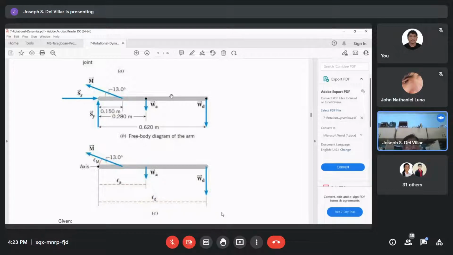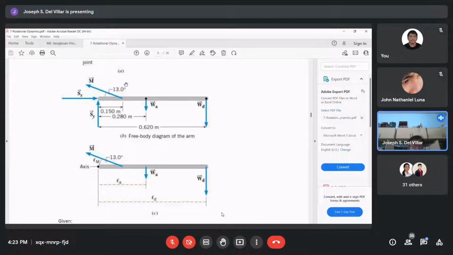Yes, we resolve the force into components. At tingnan natin kung ano sa dalawang component ang naka-vertical dun sa lever arm. It's always in this case, yung vertical. Tapos yung horizontal niya passes through the axis, kung itong magiging axis natin.